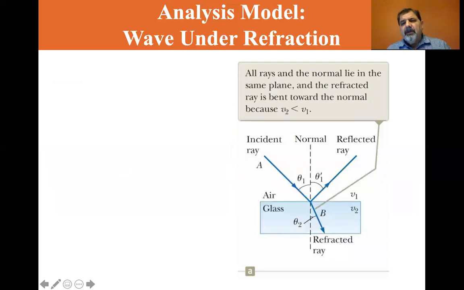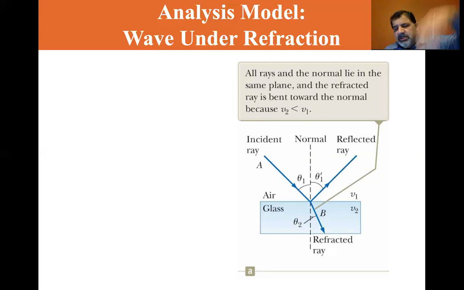So here we have an incident ray coming into a different media. We're going from air to glass. The incident ray comes in and hits the glass. Because light travels at a different speed in glass than in other media, the velocity slows down and you have a refracted ray at a different angle than the incident ray.